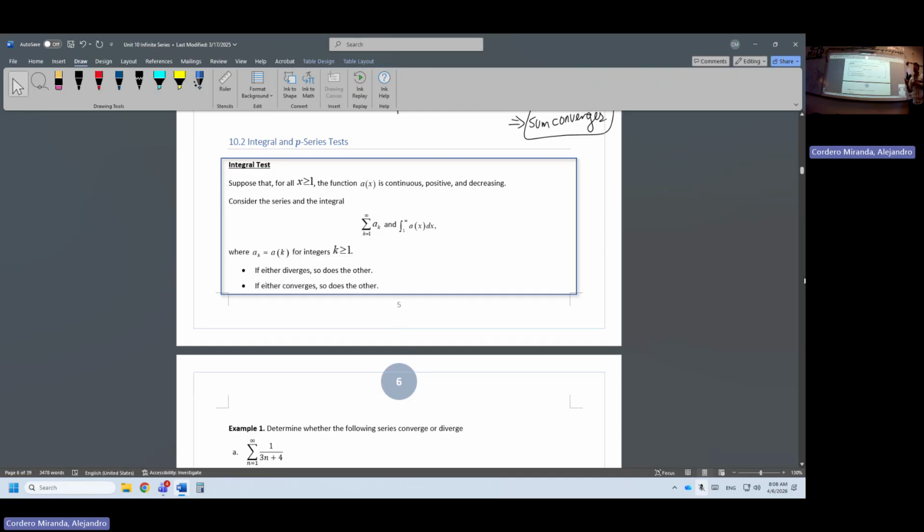Okay. So the integral test says, here's the short version. If you're curious about whether a sum converges or diverges, then you could treat this like a function and take the integral from 1 to infinity, or from wherever the lower bound is to infinity.